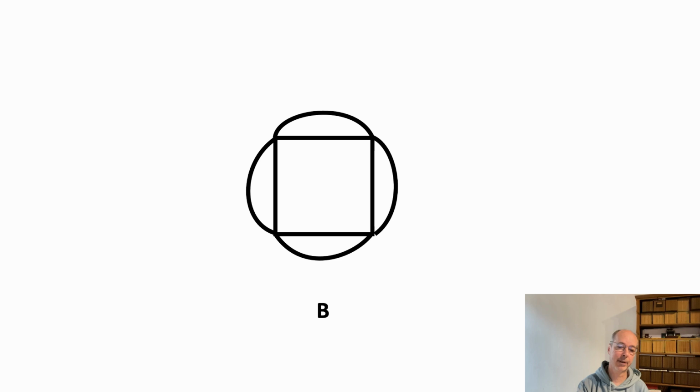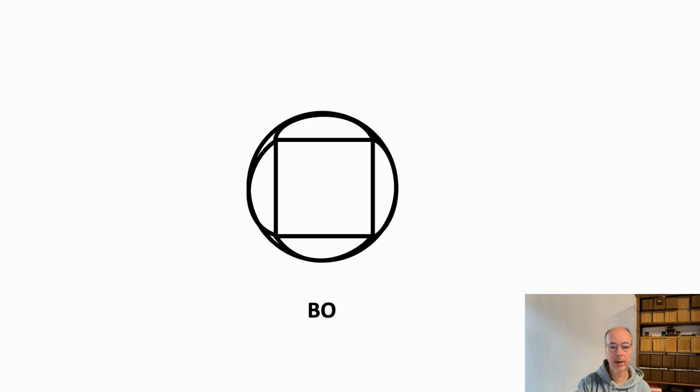So this is the B. This expresses the B as seen from the square, and it has this form. That's the form of the B. But I will have to add the next letter, O, so the O is then the complete environment of this extension.